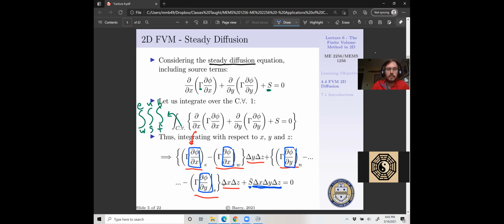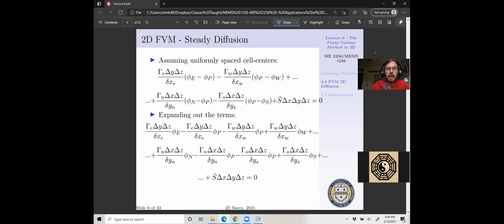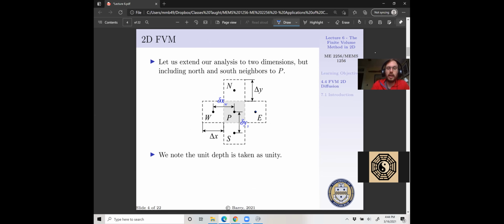So if we look at partial phi with respect to partial x, this would be phi e minus phi p per delta x e. So we're going to take this value less this value per the distance, delta x east.